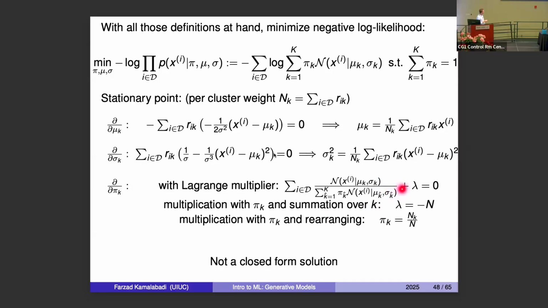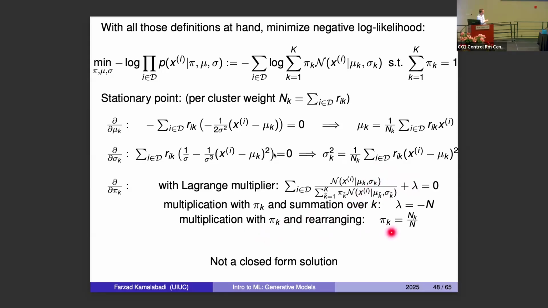If we solve this, for the first one we end up with a mu which is very similar to the previous case, except that instead of just adding up the data points, we scale each data point by a weighting that's given by the amount of the Gaussian that corresponds to that given cluster, the responsibility. And the variance, again, has the same sort of contribution because it plays a role in how much the tails of the Gaussian contribute to each given cluster in our data.